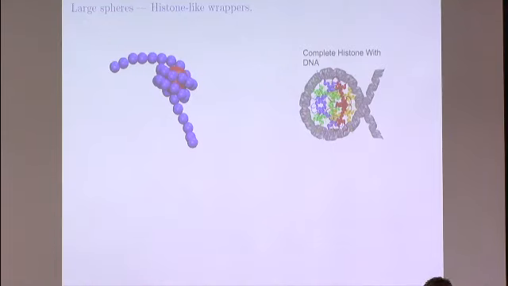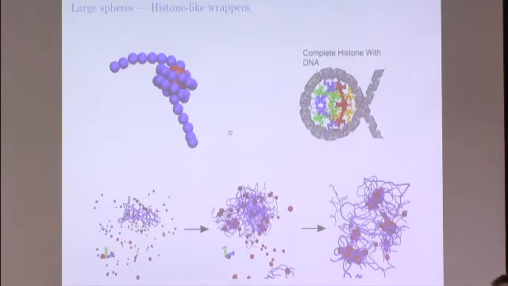Okay, and so we did a simulation putting lots of these large spheres in a simulation with a long DNA molecule, and no video this time, but we saw similar to before. So initially, when we first switch on the interaction between the spheres and the DNA, they start to cluster.